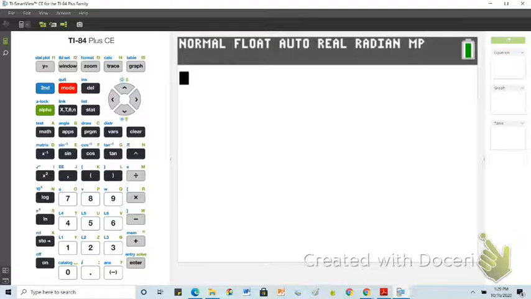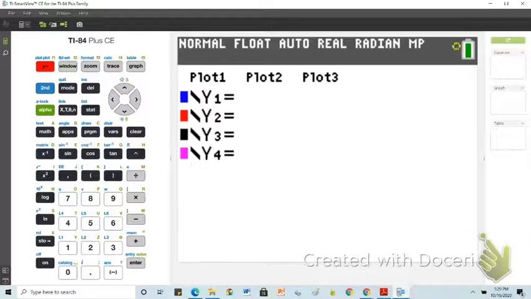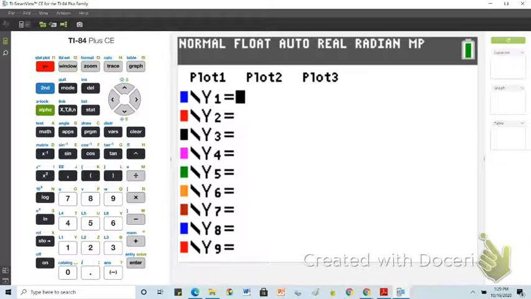So if you have a graphing calculator, you will want to go to the y equals, and we are going to type, using parentheses, the numerator in one set, and then hit divide, and the denominator in another set.